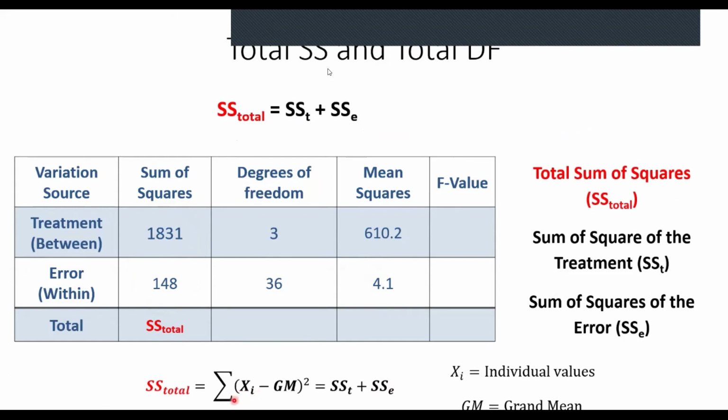You can take each individual data point in your sample, compare it to the grand mean, square it, and then take the sum of that. That calculation will give you the total sum of squares. Again, the other way to do it is to simply say 1,831 plus 148 will give you the total sum of squares of 1,978. If you're looking at an ANOVA table, the total sum of squares at the bottom of this column will essentially be the sum of all of these individual sum of square values.